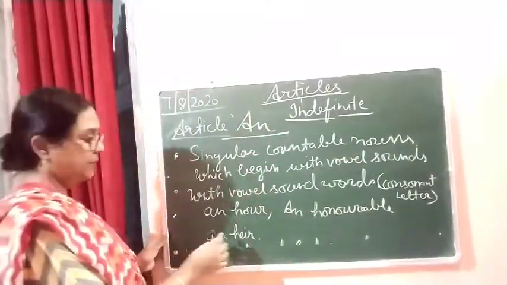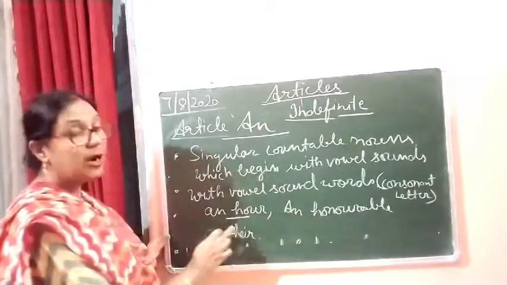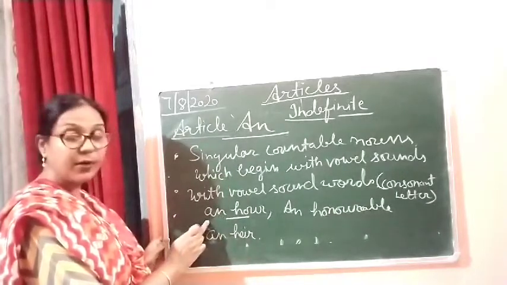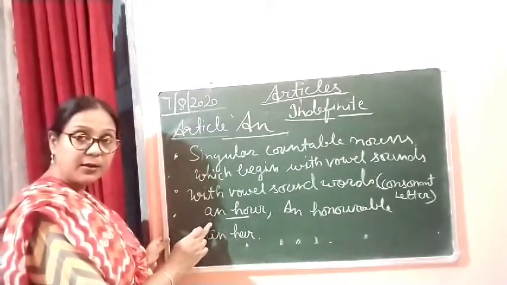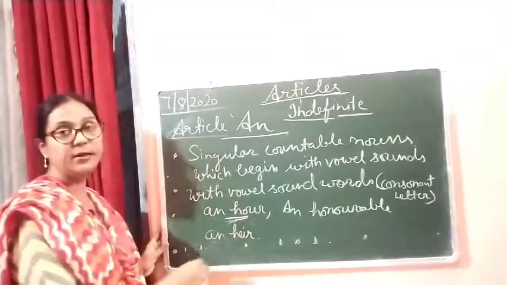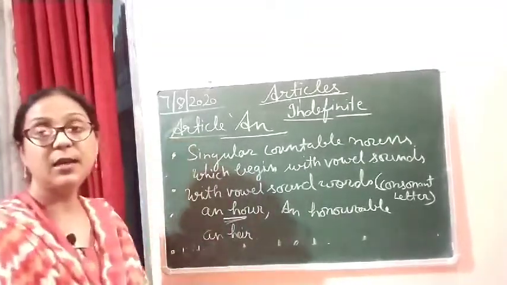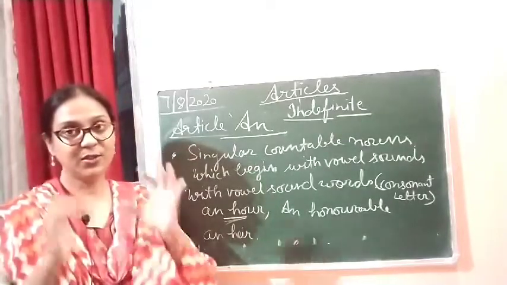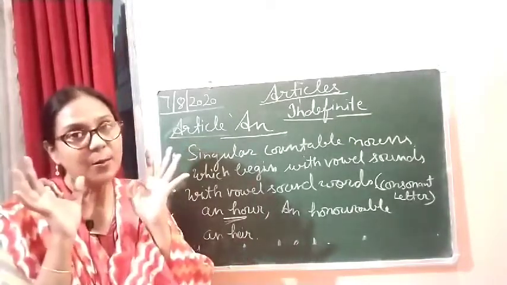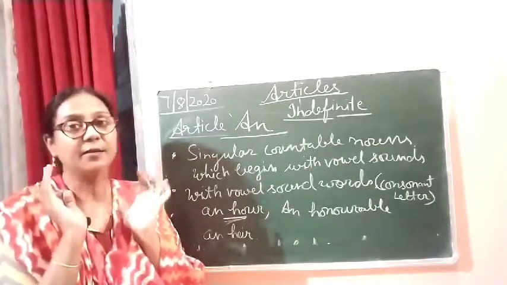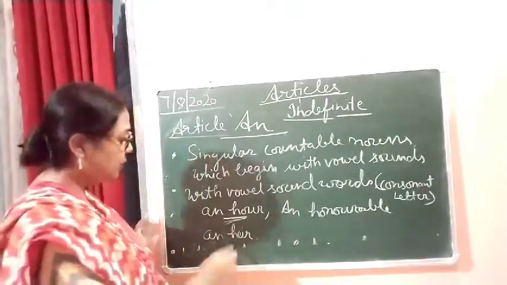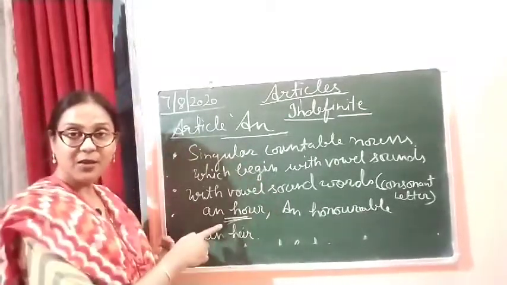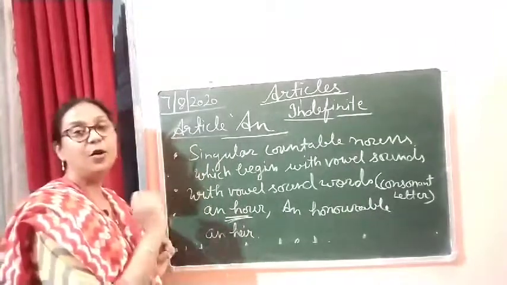Here you can see "hour" starts with H, but why have I placed "an" here? Because the sound of the word is not "hour" with an H, it is "our". First we open our mouth and then we say "our". That is why I have used "an" here, because it has a vowel sound.